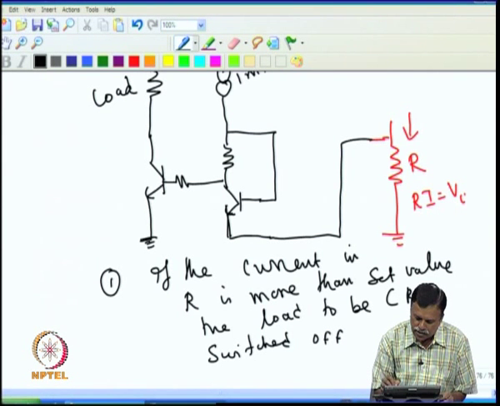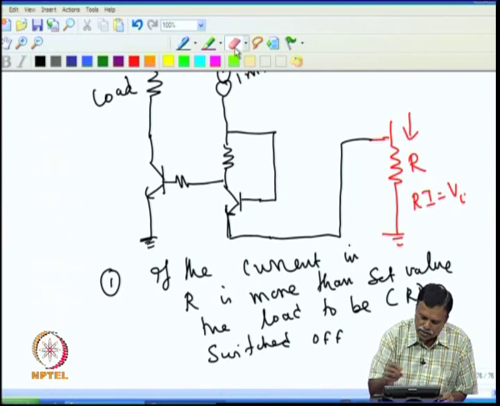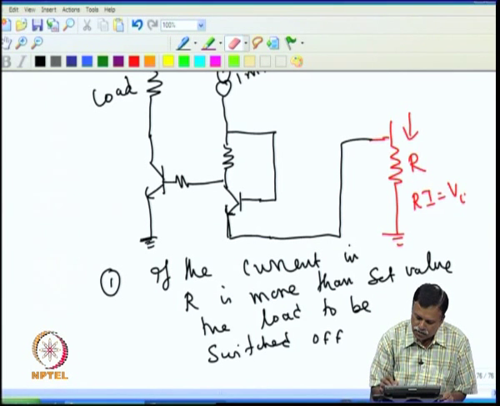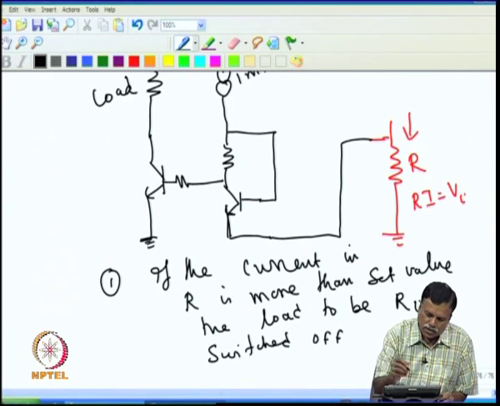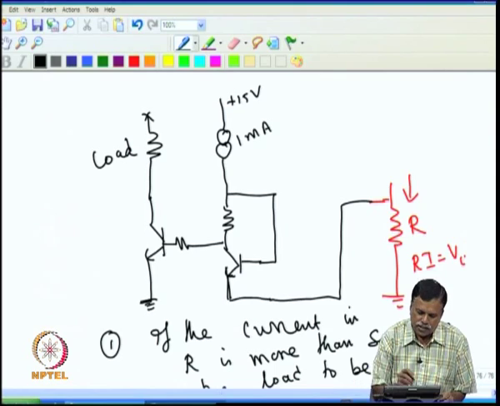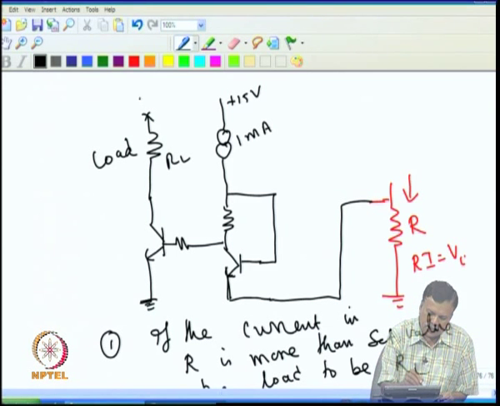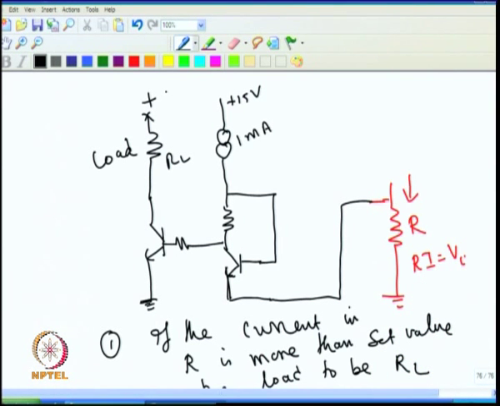We call it RL. This is RL, which is also connected to plus. We name these resistors R1 and R2. This is transistor T1, this is transistor T2.